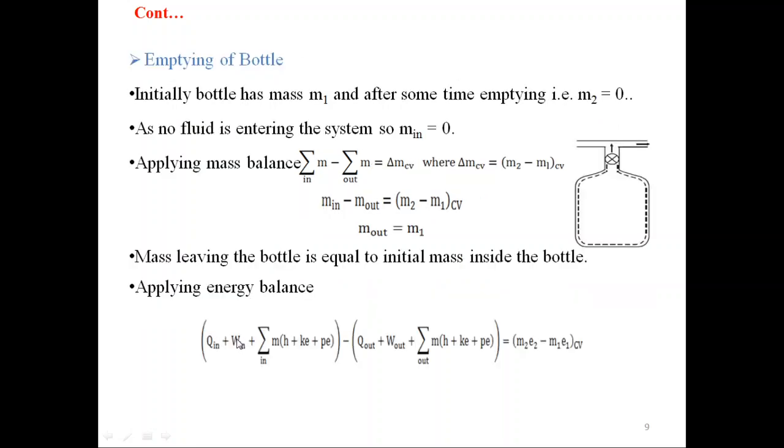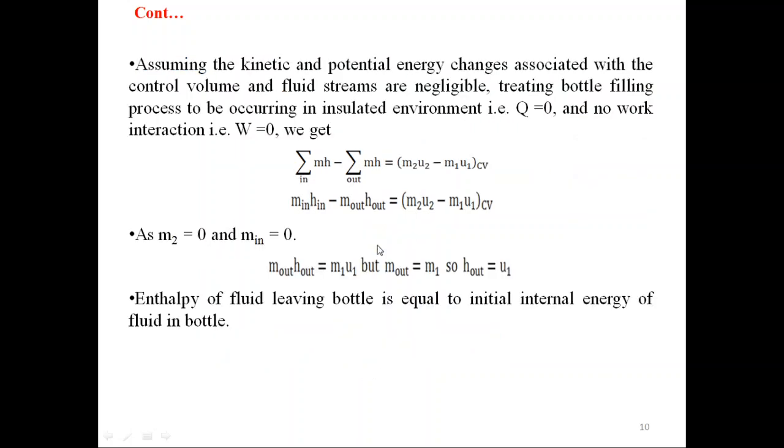So here Q and W equal to 0. So what is left? The sum of all the enthalpy associated with the fluid entering the system minus the sum of all the enthalpy associated with the fluid leaving the system is equal to m2 u2 minus m1 u1 for the control volume.